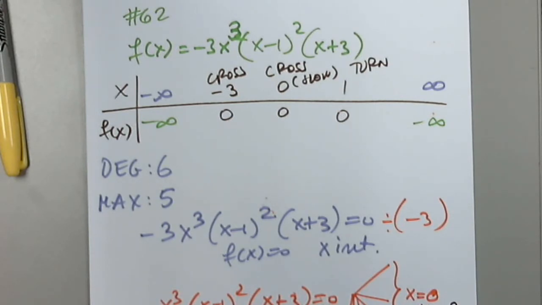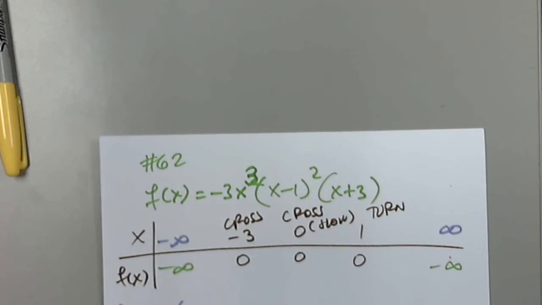Please follow my hand for a second. From negative infinity, it's coming up towards the x-axis, and it straight crosses at negative 3, 0. It has to come back, has to have a turn, because it has to come back to the origin and slowly, slowly, slowly cross. It has to come to a minimum. Why?